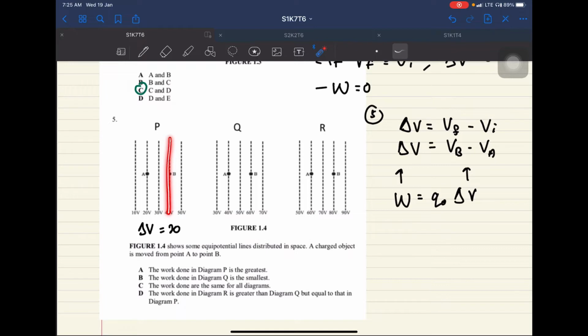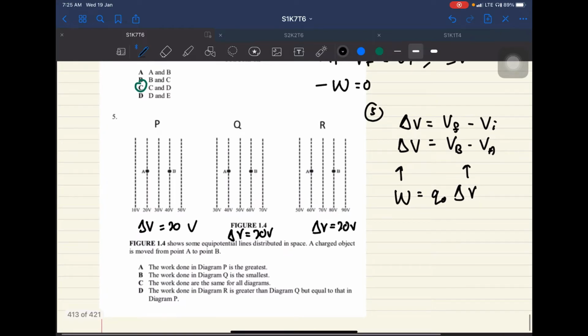So 40 minus 20 is 20. 60 minus 40 is 20 volt. And the last one, 80 minus 60, is equal to 20 as well. So the answer will be the same for all the diagrams.